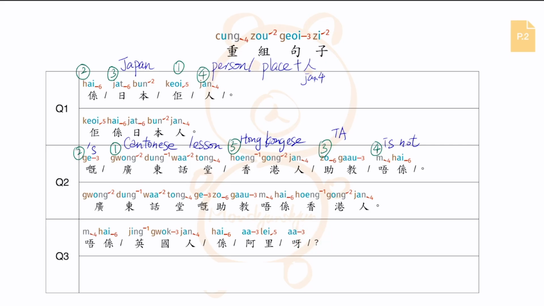mark. This is a question. 唔係 is not, right? 英國人, British. 係 is. 阿里 the name, right? Sentence final particles.